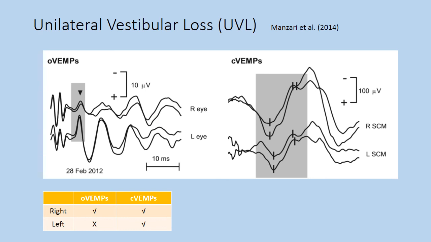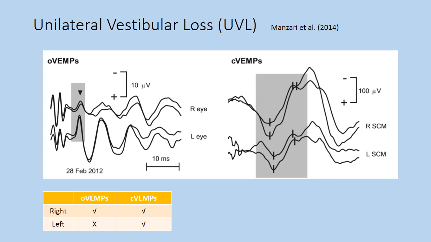This is an example case study of a patient with unilateral vestibular loss reported by Manzari et al. The VEMP recording in this study used bone-conducted vibration to stimulate the otolith organs. As you can see here, the graph in the left panel is the OVEMs results, while the right panel shows the CVEMs results.